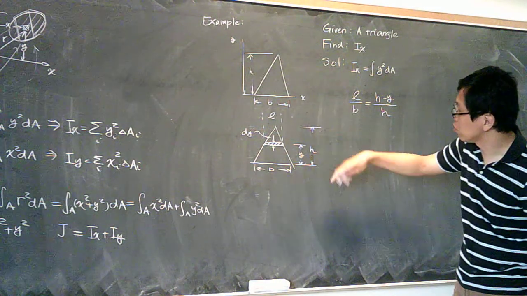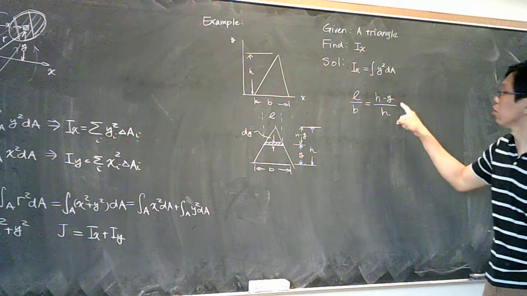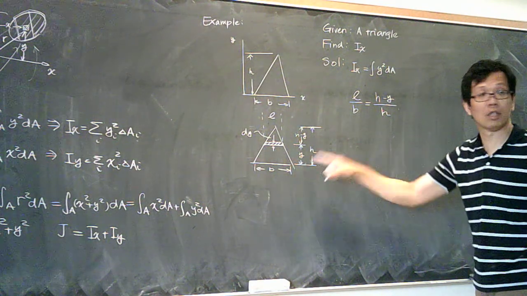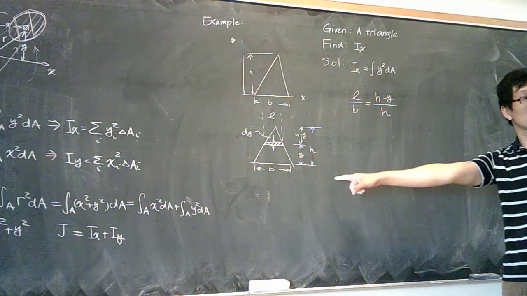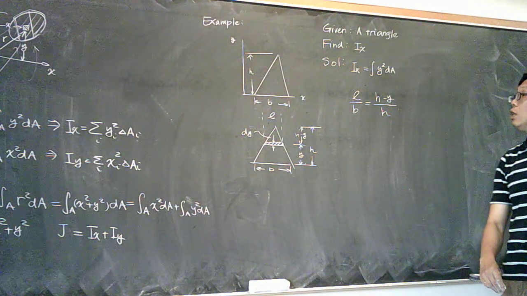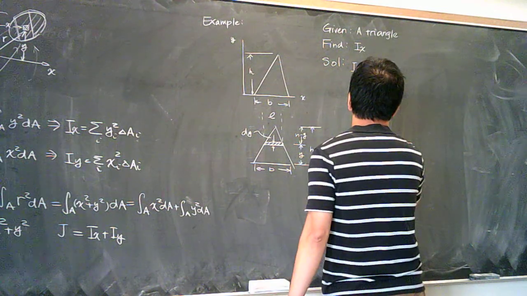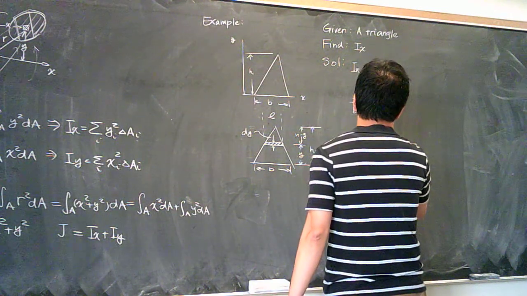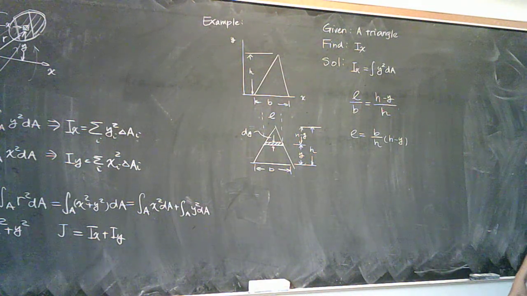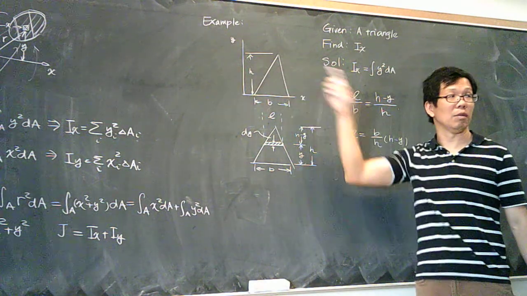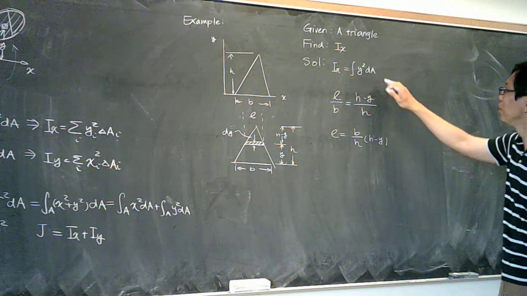So we know this is h. This portion must be h minus y over here. So we can use this relationship based on the configuration I drew on the triangle. Does that make sense to everybody? So we need to find L in terms of y. So L is actually B over h times h minus y. B and h are constants. Okay, so we need to assemble this.